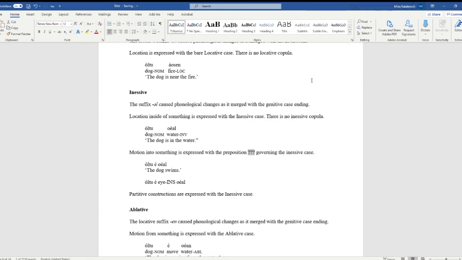Oh, okay, so I needed by means of I. Well, but I just screwed that all up. Perfect. Okay. So if I were doing it with the instrumental, it would be something like the eye of the dog moves in the water. I don't think that's how I want to do it.